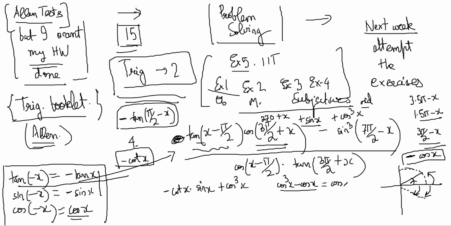Take cos x common, it becomes cos square minus 1, so minus sine square x. This is the numerator. Denominator: cos, if you take minus common, then cos remains cos. Cos of x minus pi by 2 is the same as cos of pi by 2 minus x, so that becomes a sine.